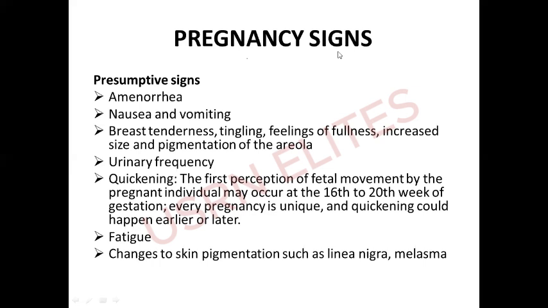It is simply because the weight of the uterus will exert pressure on the bladder. And so any little time the woman will tell you, I want to go and free myself, simply because of the weight of the uterus exerting its pressure on the bladder. And so there is urinary frequency.